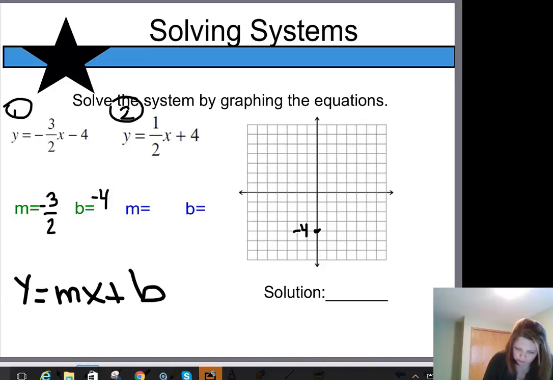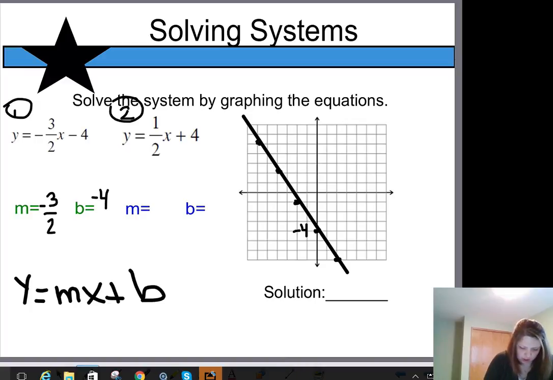So -3/2 will be 3 down, 2 to the right, or 3 up, 2 to the left. And I can keep going. Remember, we need a lot of points here. Otherwise, it's going to be really hard to tell what the actual solution is. So I'm going to draw a line that goes exactly through these points, and we'll leave my line like this.